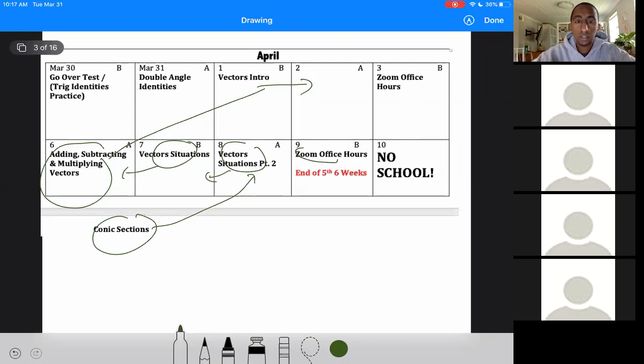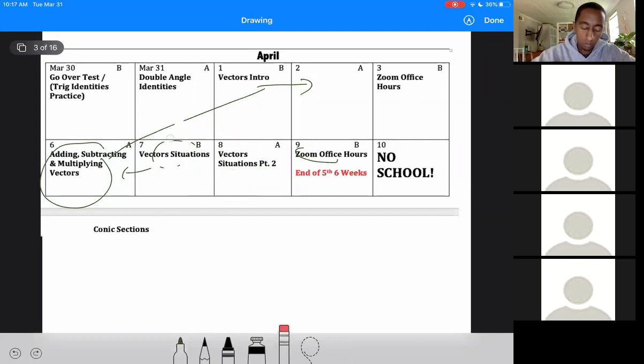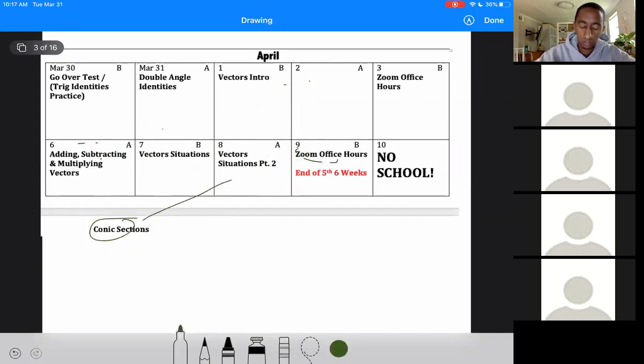I'm going to make a slight change. I want to do vectors, which is a new unit, and end the 6 weeks on the unit of vectors. Conic sections is separate. Originally we had conic sections here on the 8th, and I'd rather start that fresh in a new 6 weeks after you get that 4-day weekend.